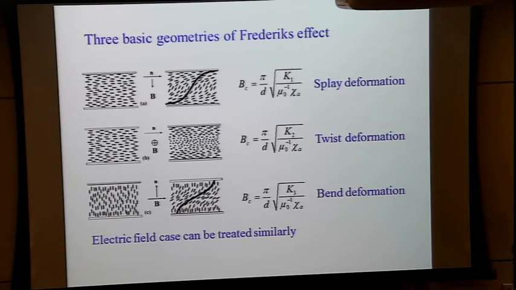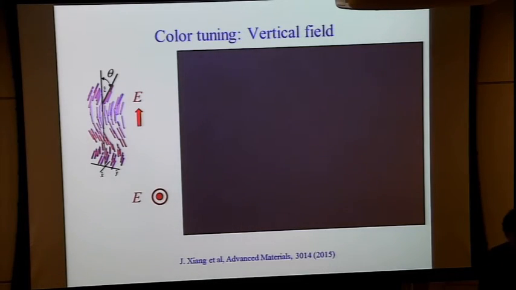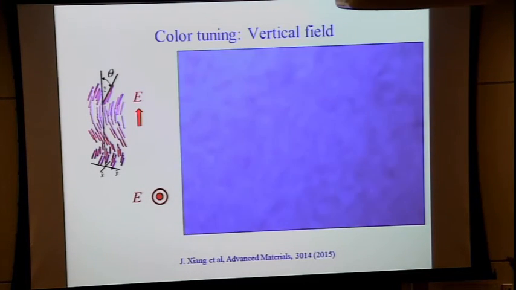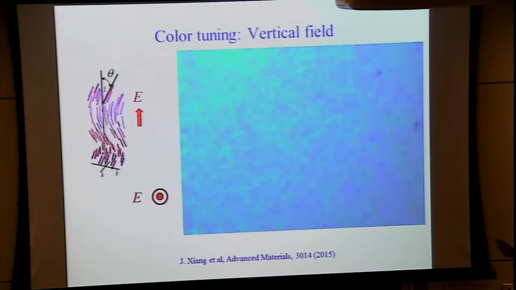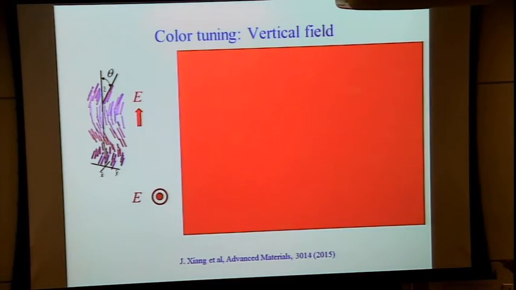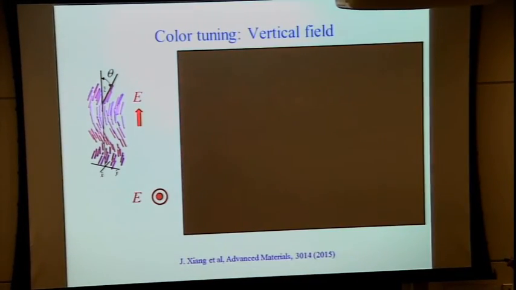And so this is, in essence, all that you need to know about the physics of displays. When the optic axis changes because of the applied electric field, the optical appearance of the pixel changes, and that's it. But the last thing, just to finish with a nice picture, is if you consider the Frederiks effect in this heliconical state, then what happens is that you're controlling the pitch of your twist-bend structure with the electric field.